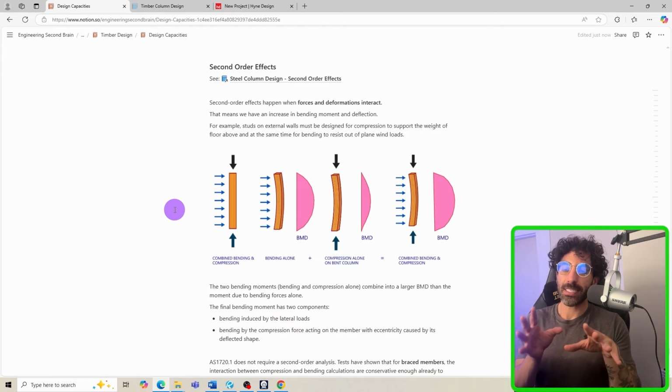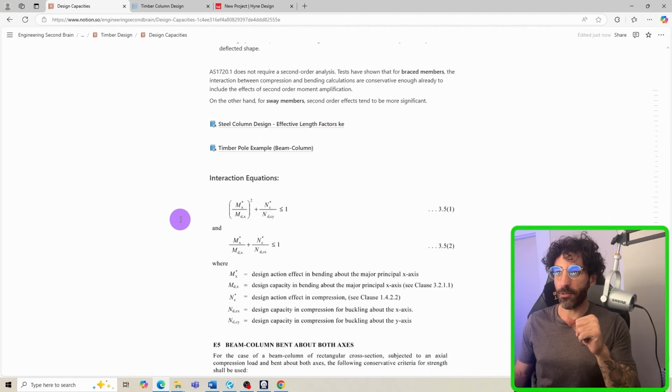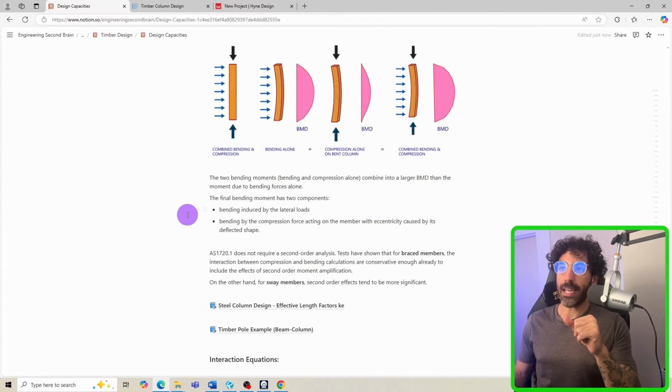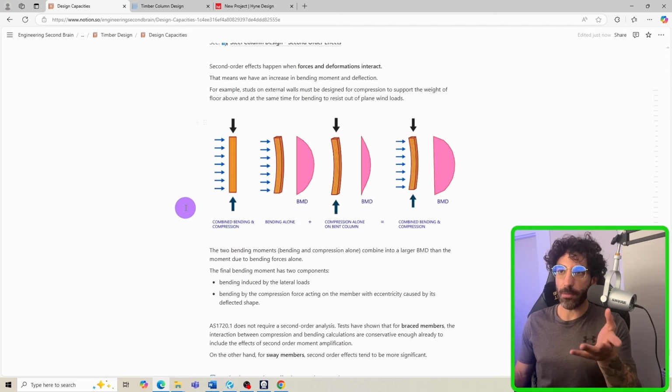And that's because second order effects have already been incorporated in the interaction equations, right? If you scroll down, you're going to see here the interaction equations that we have to use for combined bending and compression. But for a sway frame, we do have to run a second order analysis.